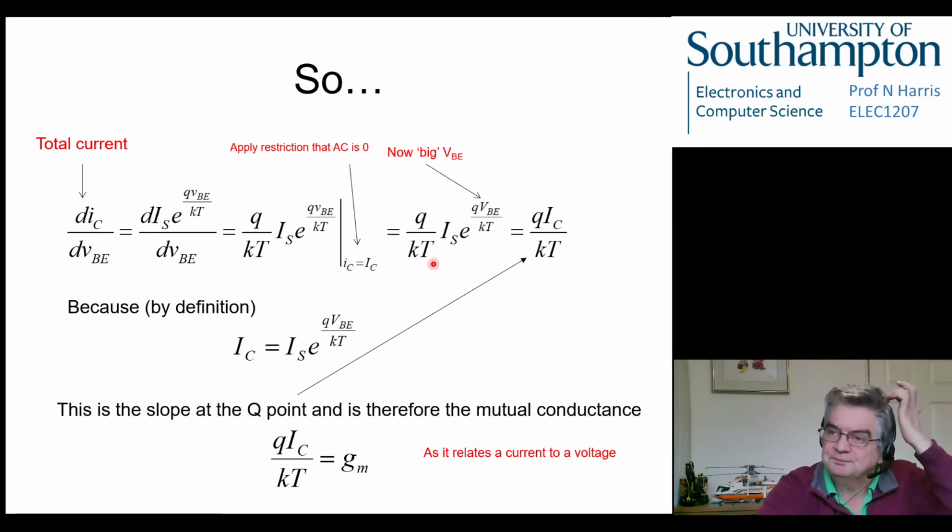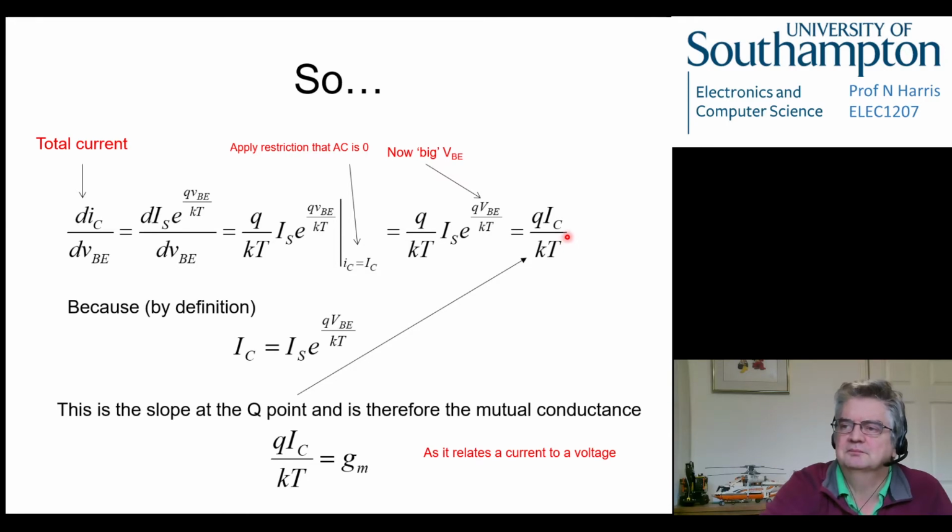And because the definition of IC is IS e^(qVBE/kT), if you look back a few lectures, that just becomes IC. So we end up with the slope of this curve being related to the DC component at that particular point in the curve under those conditions.